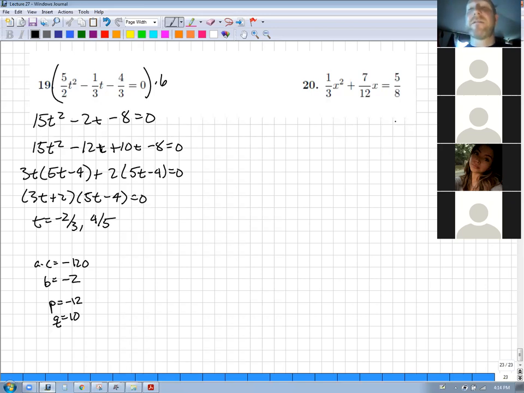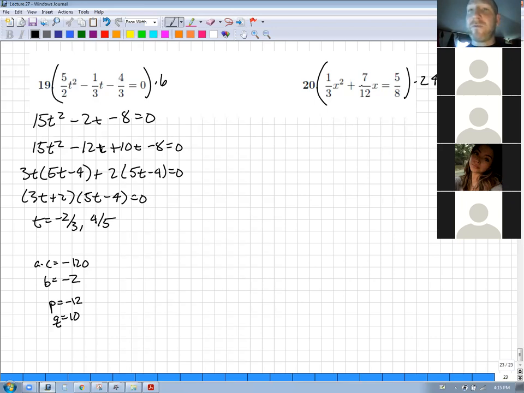This guy, look at all these fractions. If we multiply everything by 12, this one won't go away. So how about 24? If we multiply everything by 24, all these fractions will go away because 3, 8, and 12 all divide into 24.